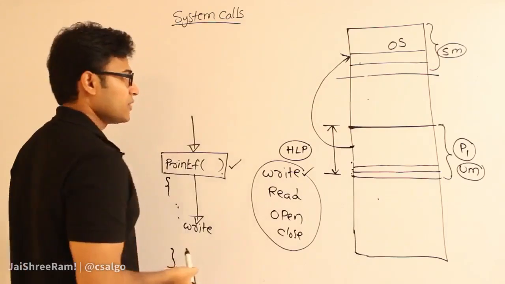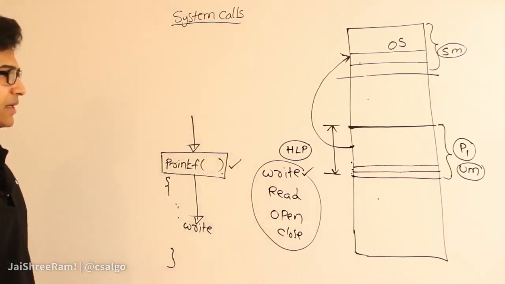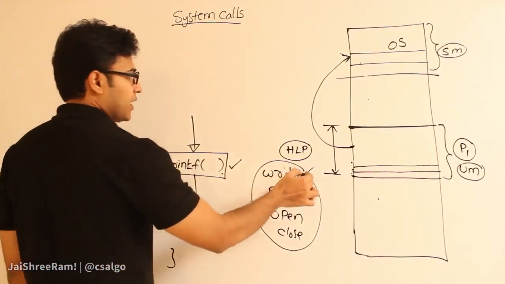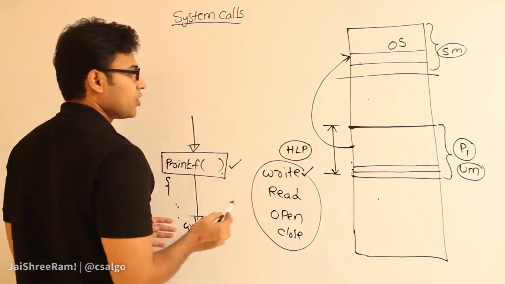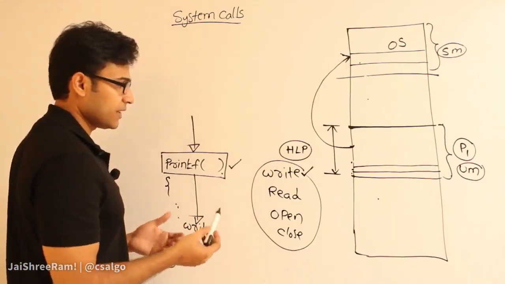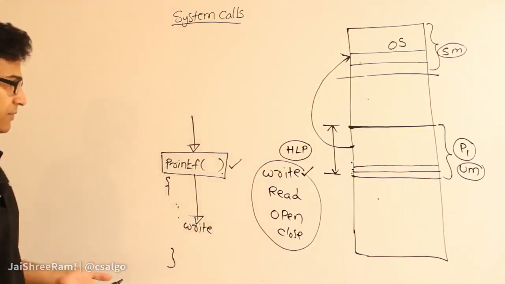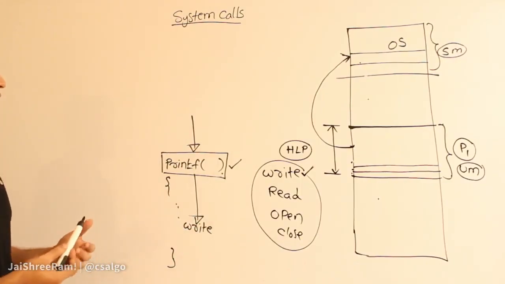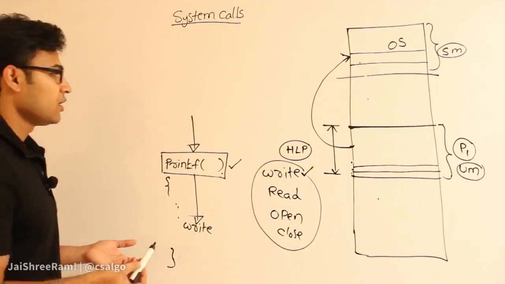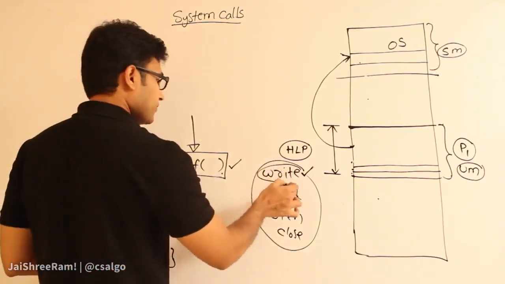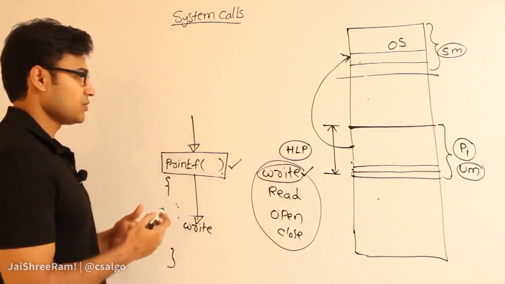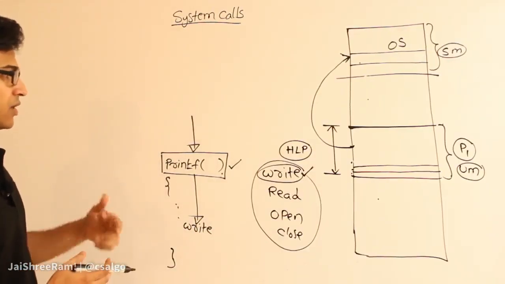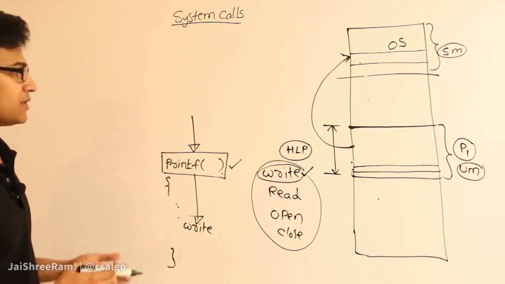Similarly, one more issue that has to be answered here is parameter passing. For example, if you are trying to write into some file in a system like Linux, everything is a file. A monitor is a file, a keyboard is a file. If you have to write something onto the monitor, you are supposed to use the system call write, and for this write you are supposed to send parameters like what file you want to write to, where you want to write, what is the size of the message, and what is the message.